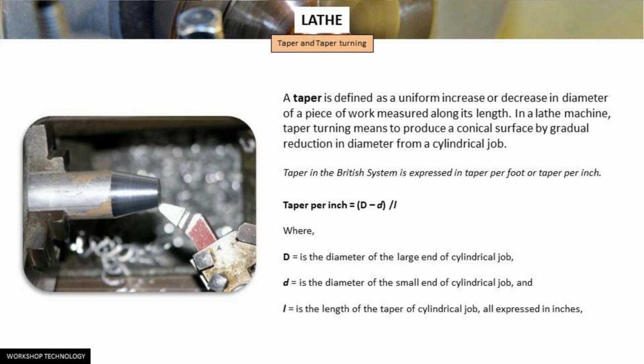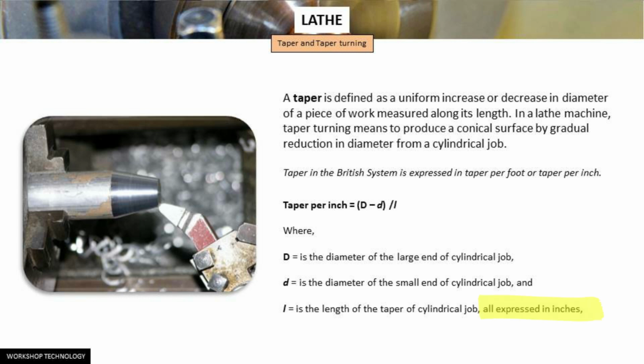Taper in the British system is expressed in taper per foot or taper per inch. This taper per inch is given by capital D minus small d by L, in which capital D is the diameter of the large end of the cylindrical job, small d is the diameter of the small end of the cylindrical job, and L is the length of the taper of the cylindrical job.